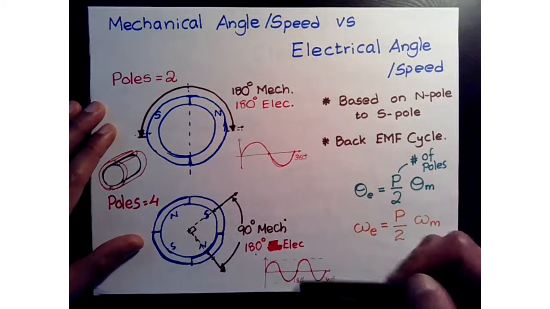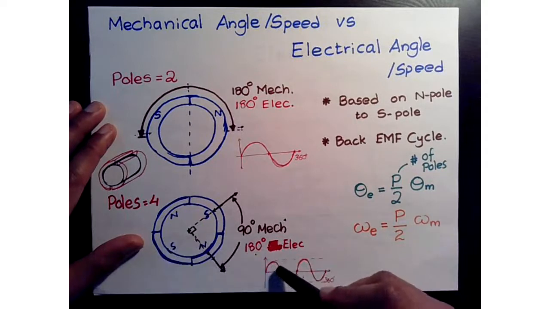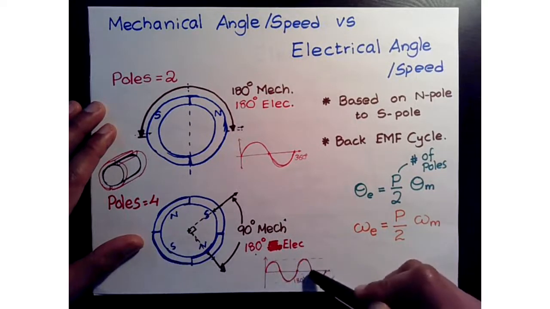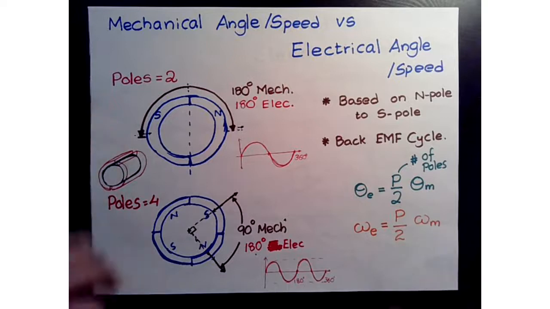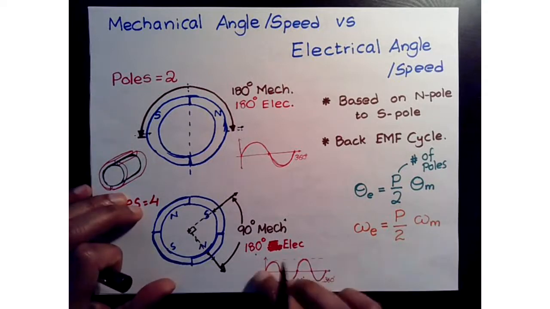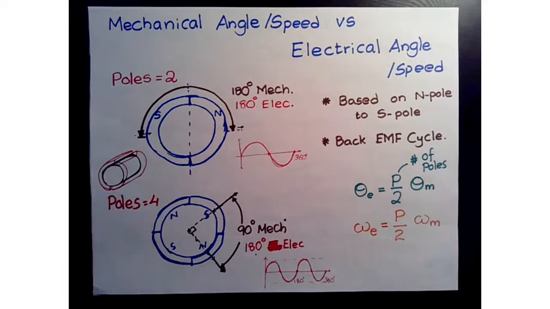However, if you look at the back EMF of a four-pole motor, you're going to see two back EMF cycles within one mechanical cycle. Okay, so two electrical cycles for one mechanical cycle.